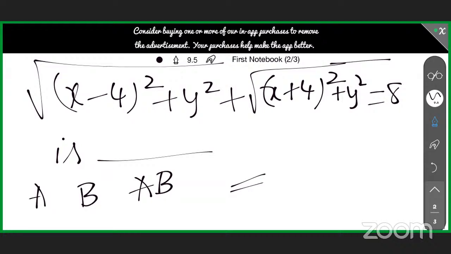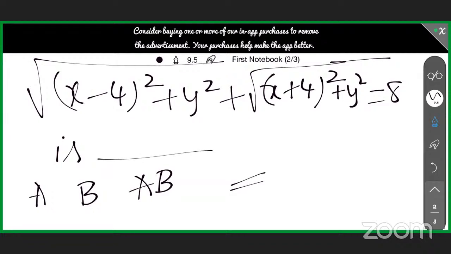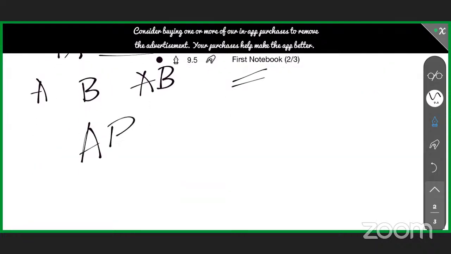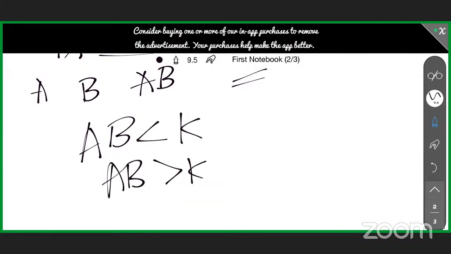So is this hyperbola? No, wrong. It's not hyperbola. I told you just now the condition: if AB is less than K, if AB is greater than K. What is my K value here? 8, sir.